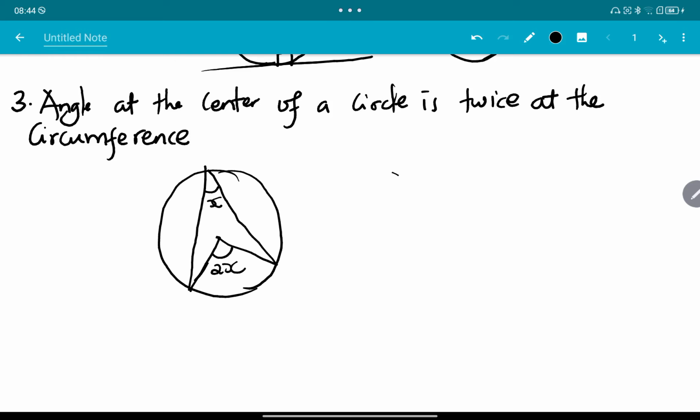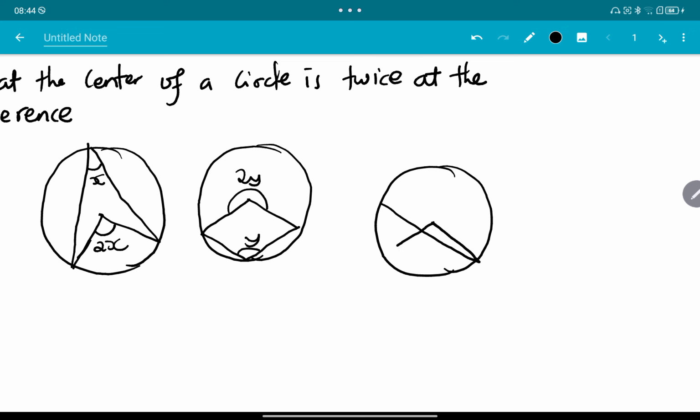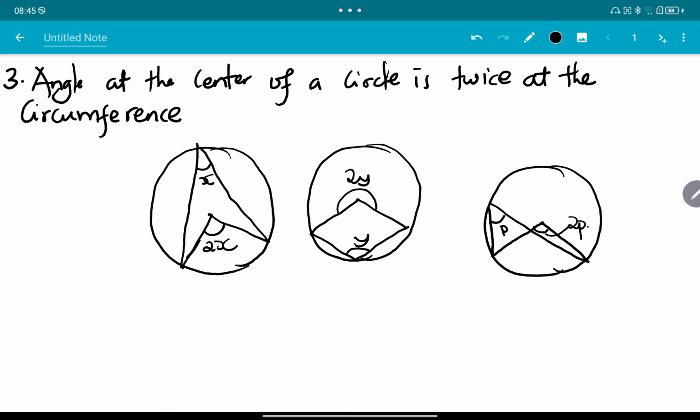And the same thing can appear in different shapes. You can have that. If this is y, this will be 2y. And we can also have another one, if this is maybe p, this angle here will be 2p. The same property applies for all that.